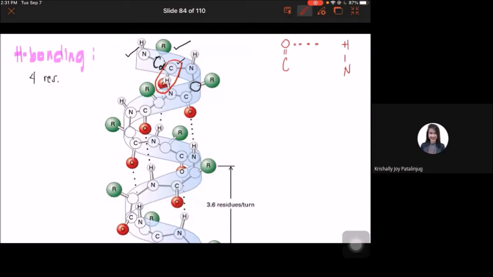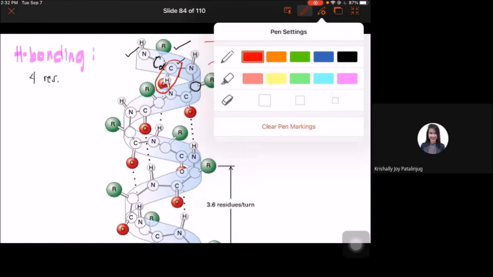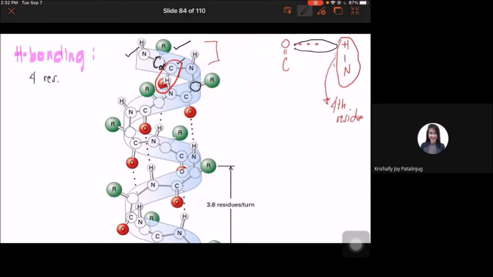It carries the carbonyl oxygen and it has a tendency to form a hydrogen bond sa mismong amide NH. So, ito yung magiging source ng hydrogen. Saan to makikita kung ito yung starting point natin sa pang-4 nga residue? Kasi nabubuo itong hydrogen bond na to, 4 residues away.